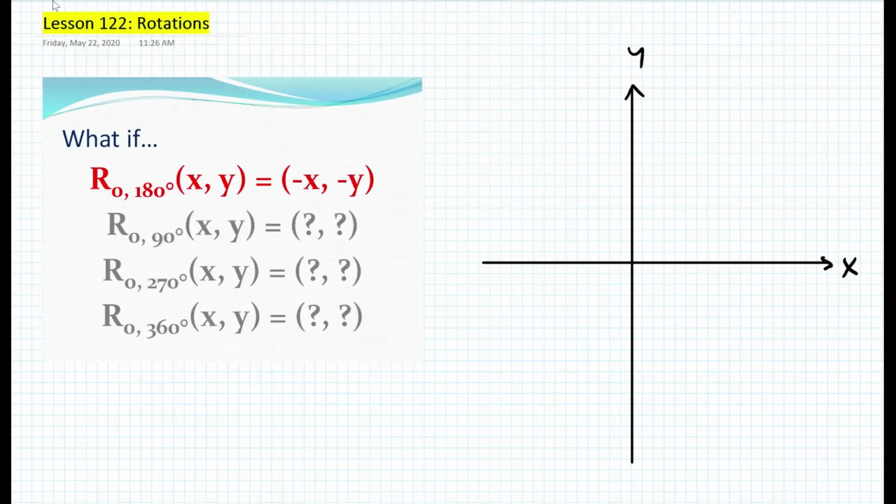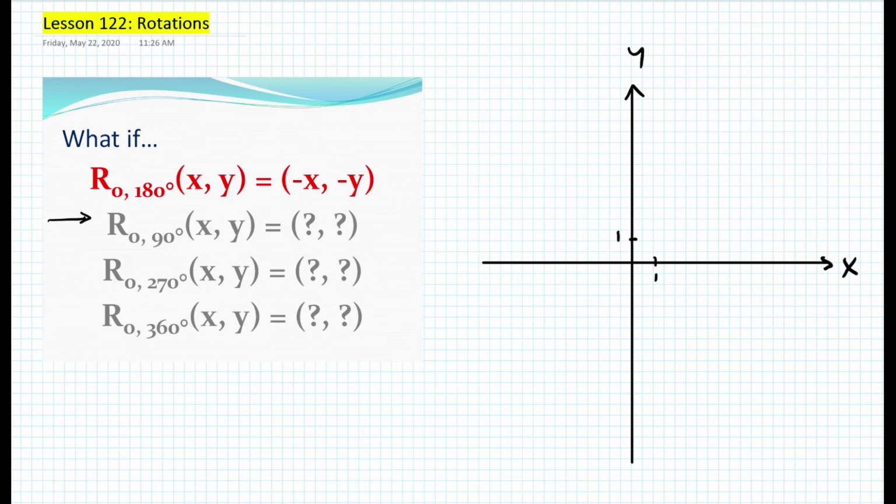Okay, so let's try to figure out the first one, okay? This one, the rotation over the origin by 90 degrees. So the best way to figure this out is with an example, okay? So let's pick a point (x, y), and let's make this to be 1 unit and this to be 1 unit on the x and y axis respectively.